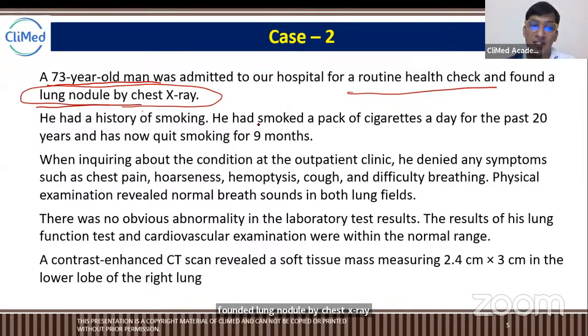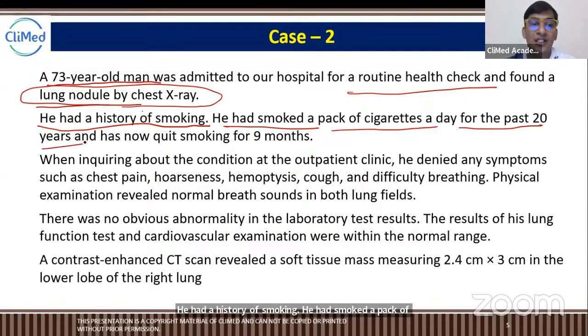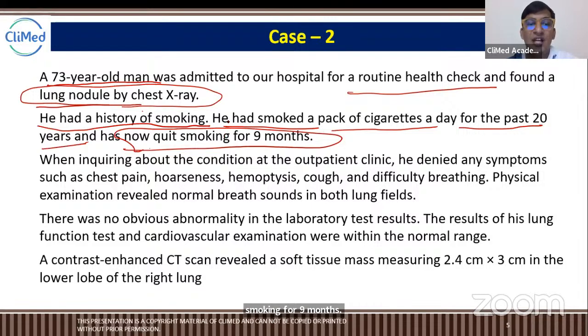Let's understand. He had a history of smoking. He had smoked a pack of cigarettes a day for the past 20 years and has now quit smoking for 9 months. So my question, after these things, what is the diagnosis?